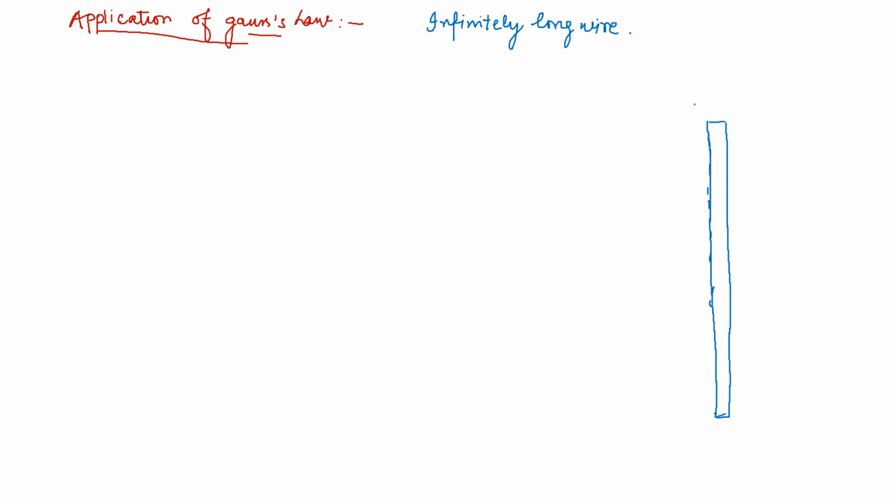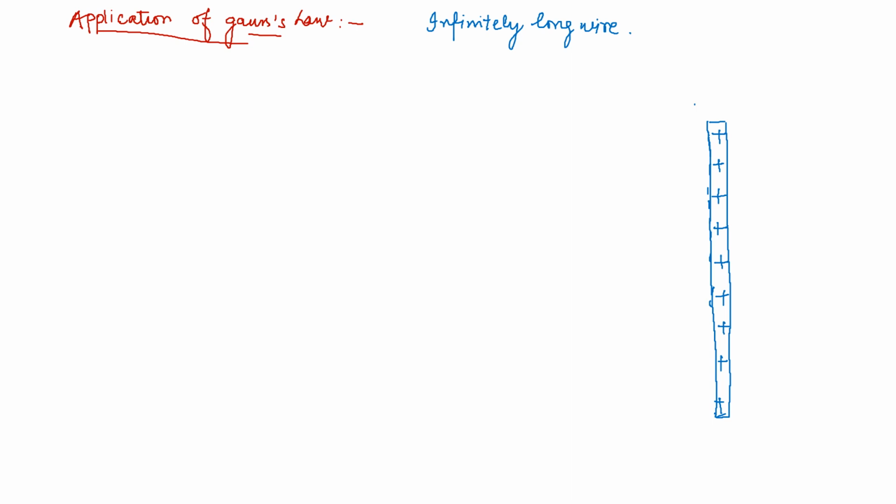This is having positive charge or negative charge. It can be anything, but for our convenience we are taking the wire to have a positive charge distribution over it. Then for knowing how Gauss's law is applicable on this wire, we will make a Gaussian surface.